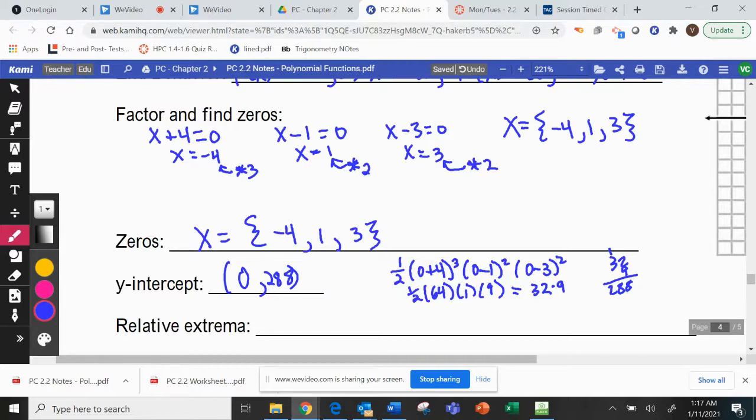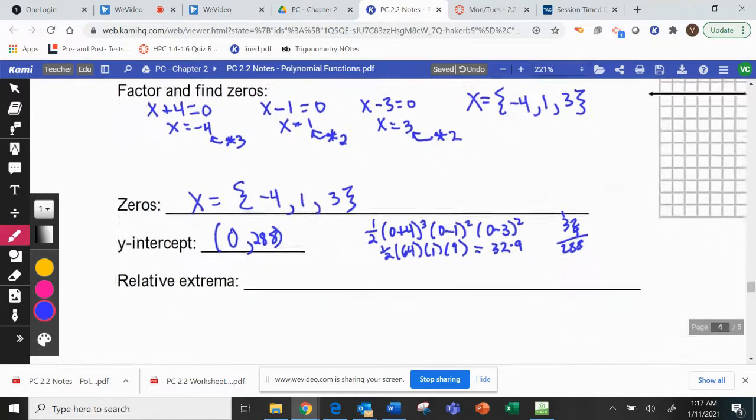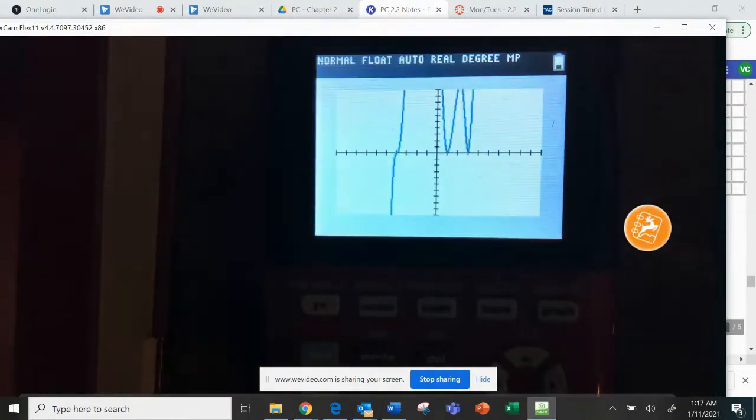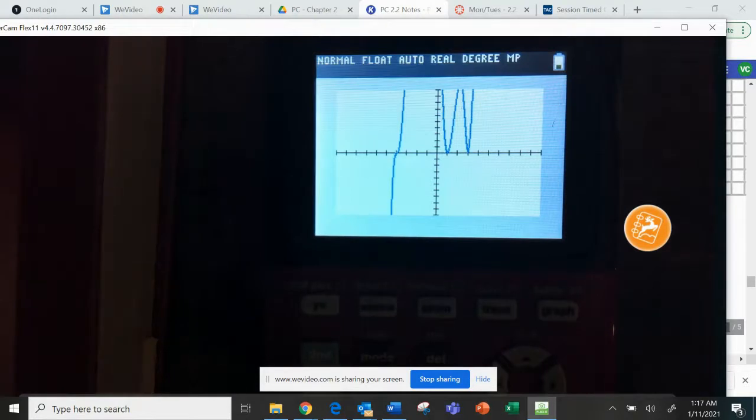As soon as I graph this, I know the graph is going to go up pretty high if the y-intercept is at 288. So now I'll take it over to my graph. I went ahead and graphed it. Definitely cannot see everything.